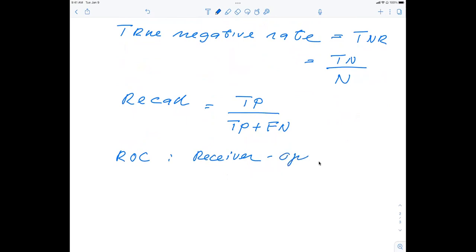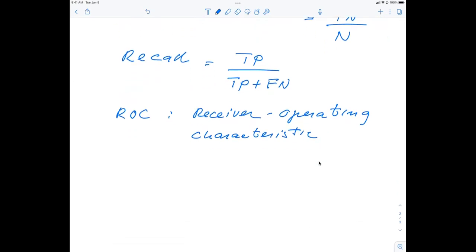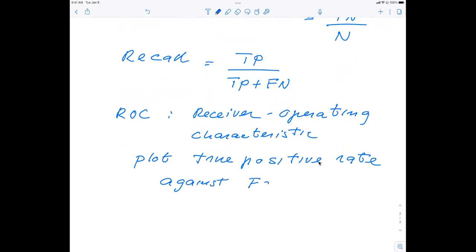Receiver operating characteristics. I'm always able to confuse myself. So what you plot then is the true positive rate, plotted against the false positive rate.